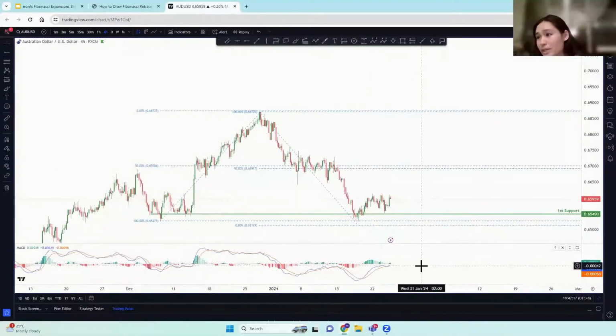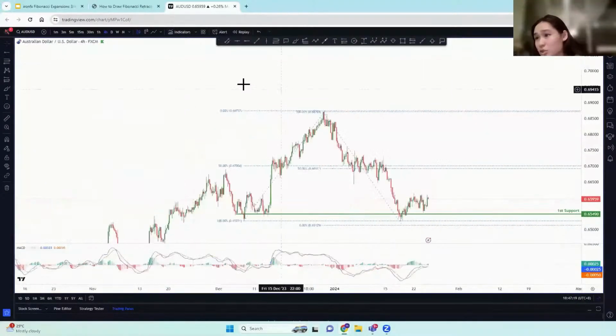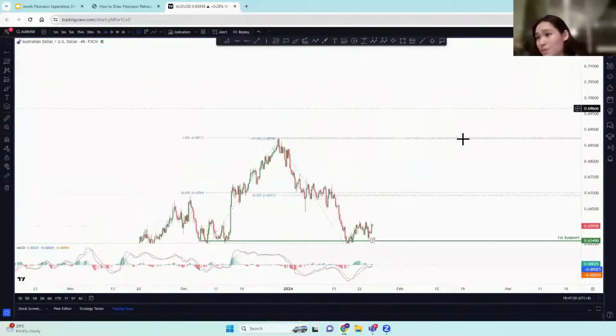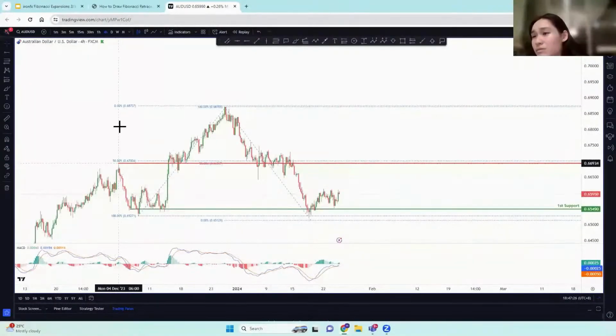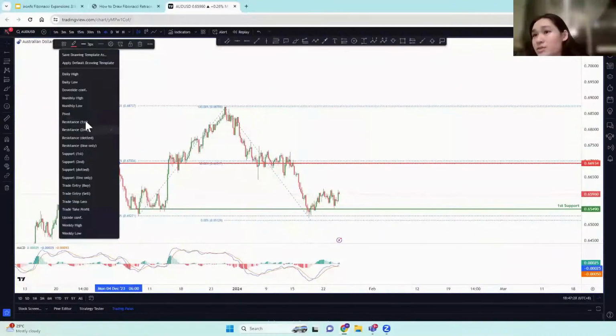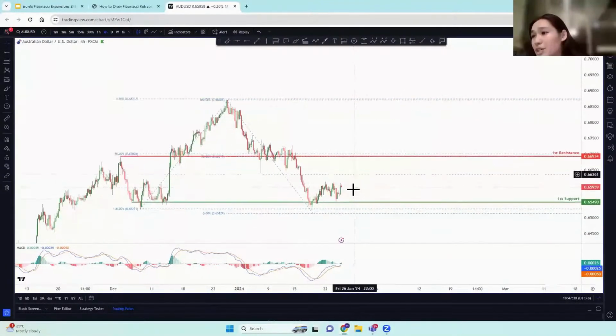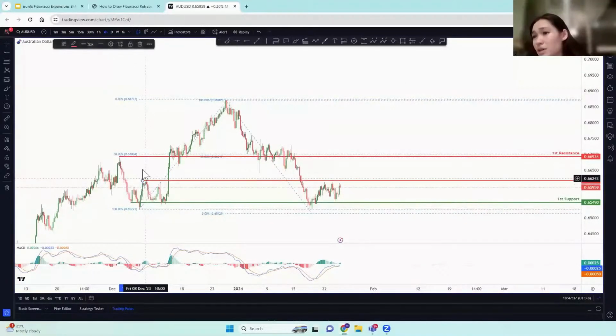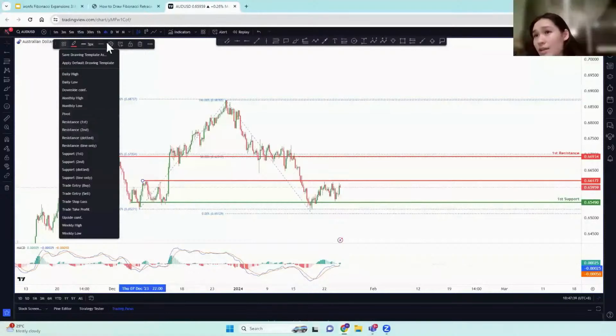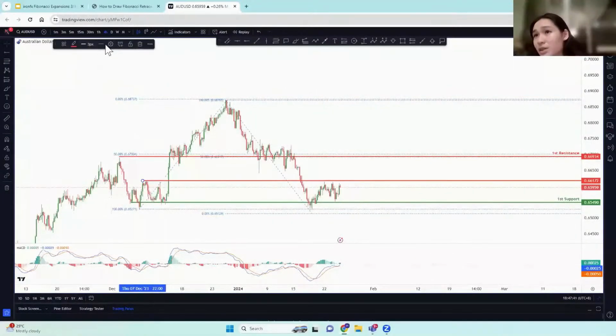And for our MACD, it is giving us a bullish signal, which supports our analysis. This is my first resistance. So we're expecting price to go from our first support. Maybe there will be some resistance over here at an intermediate level.